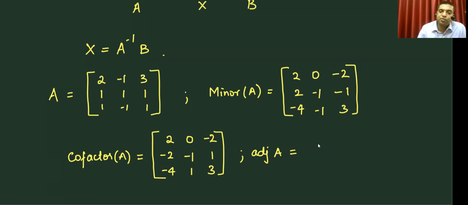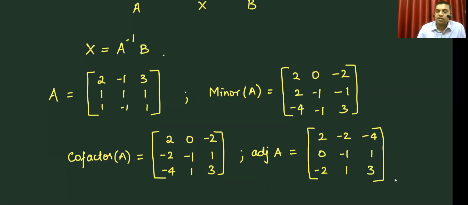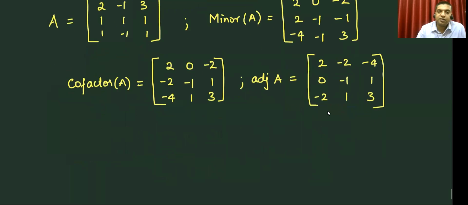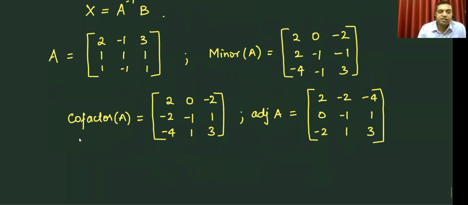What is adjoint A? It is the transpose of the cofactor matrix. 2 0 minus 2, then minus 2 minus 1 1, minus 4 1 3. This is the adjoint. Now what is the determinant?